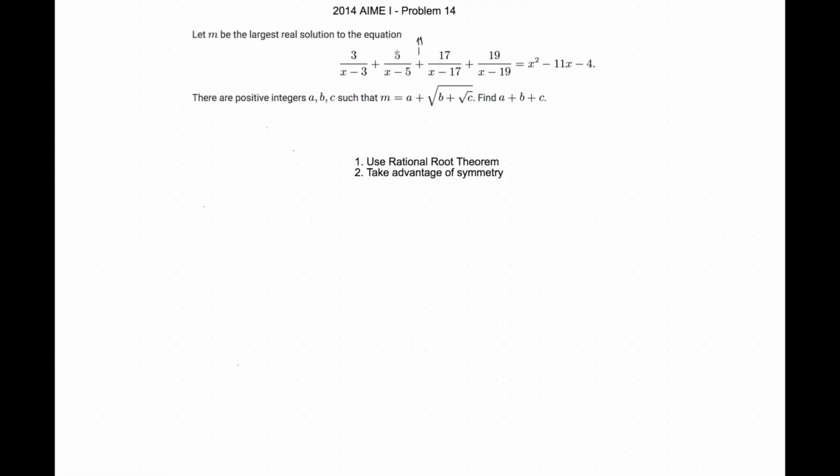And the reason why taking advantage of symmetry is good for higher degree polynomials is, say you had a polynomial x to the fourth plus ax to the third plus bx squared plus cx plus d.